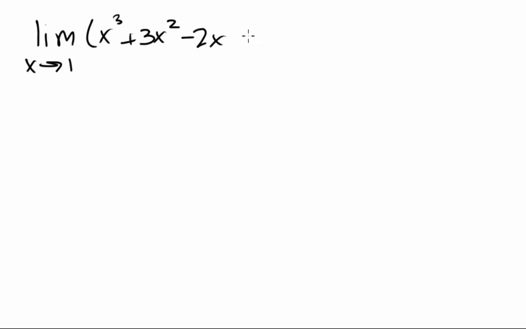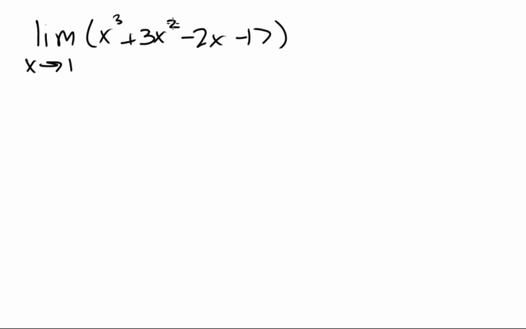Okay, next one. Alright, so we're going to go limit as x approaches 1 of x cubed plus 3x squared minus 2x minus 17. There we go.